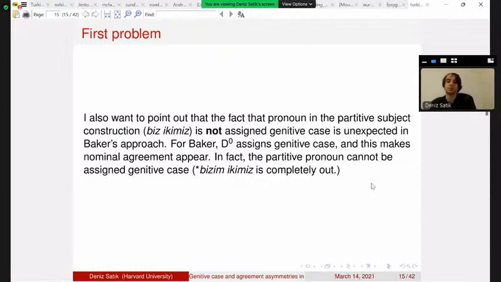Last one, if I may. Please continue. How would you explain the difference of behavior? So, okay, case is assigned first, then agreement comes in, does its magic and tries to get whatever it can. This works inside the DP.